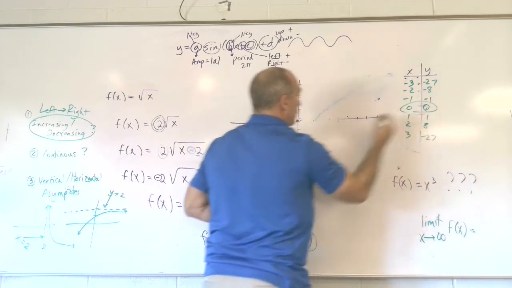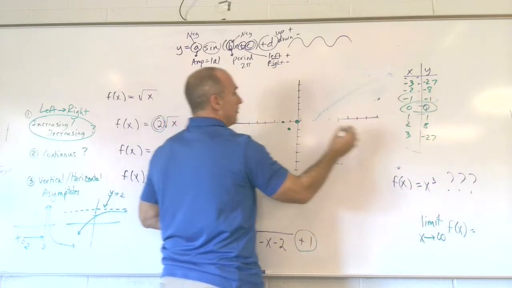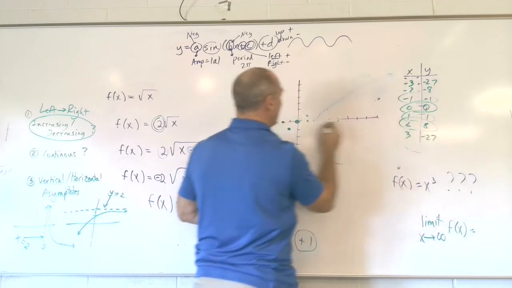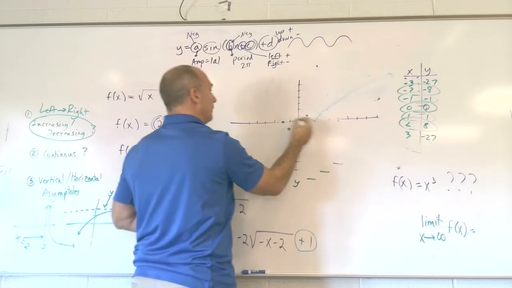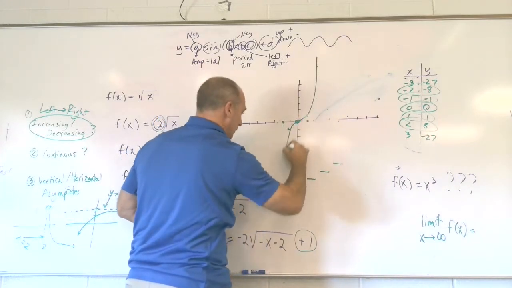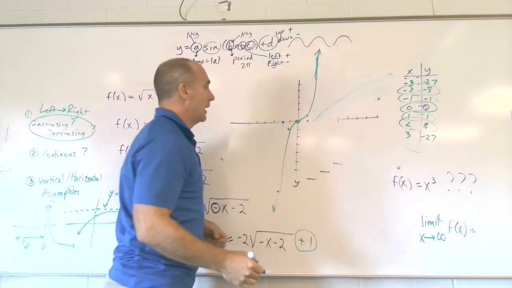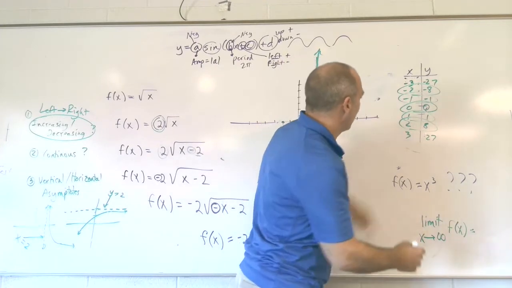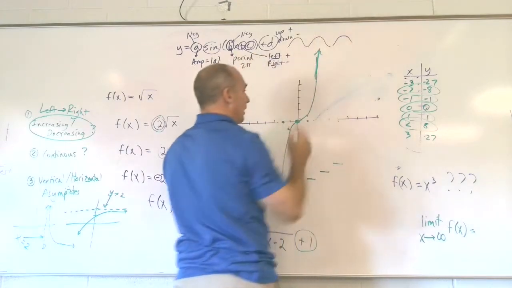Now, if I start here and move out, 0, 0 and -1, -1 would be bing, bing. 1, 1 would be bing, bing. 2, 8 would go bing way up here. -2, -8 would be bing way down here. And you can already see what it kind of is going to do. Again, the next one would be 3, and this would be positive 27 in a hurry. Sorry, 3 way up to 27, so it starts screaming up.